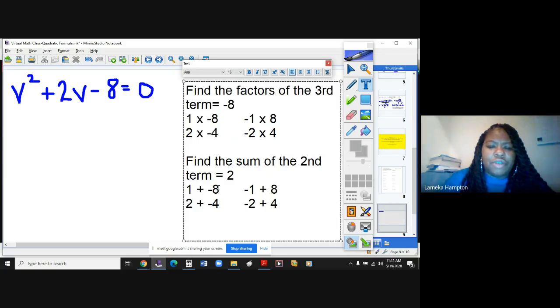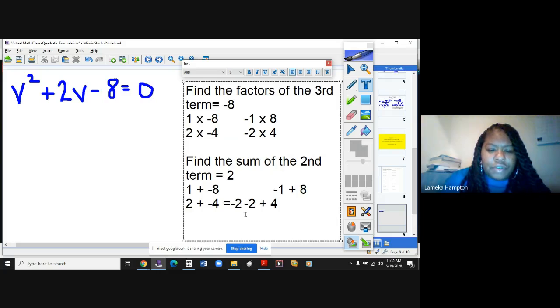So now I have to add these numbers up. Now I know the first two sets is not going to give me 2. So now I'm not even going to mess with those, but I am going to look at the bottom. So I have 2 plus -4. Now, when I add 2 plus -4, that is actually going to give me a -2. That's not what I want. Okay, I don't want that.